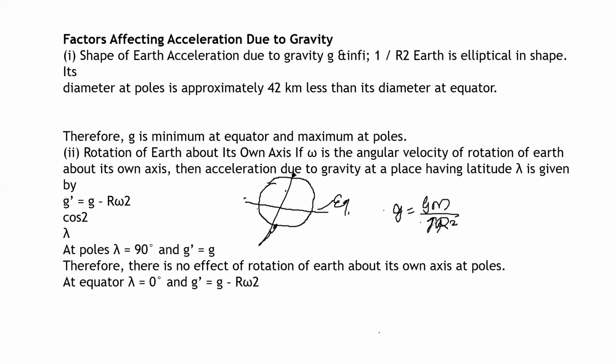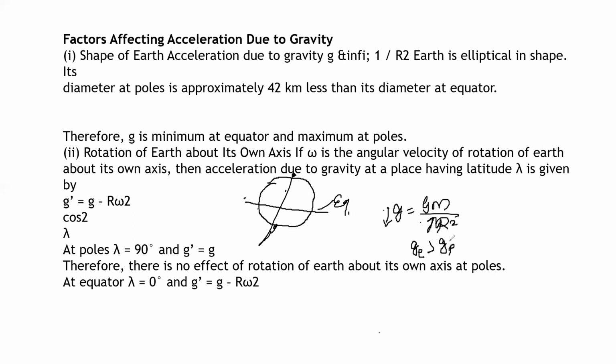As R and g are inversely related, this value decreases. Therefore, the acceleration due to gravity at the equator is decreasing. When the value is decreasing at the equator, the acceleration due to gravity at the poles will be maximum. So g is minimum at the equator and maximum at the poles.